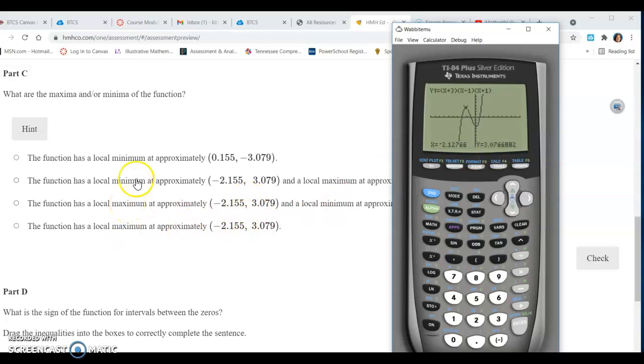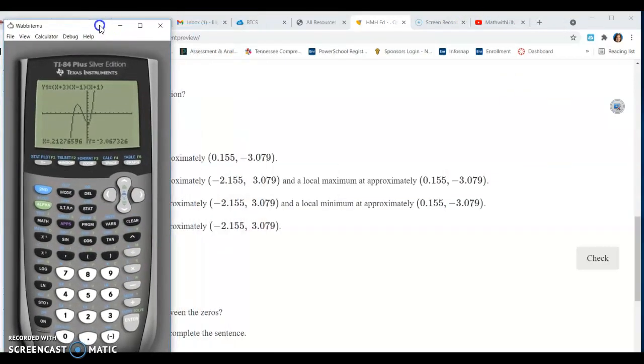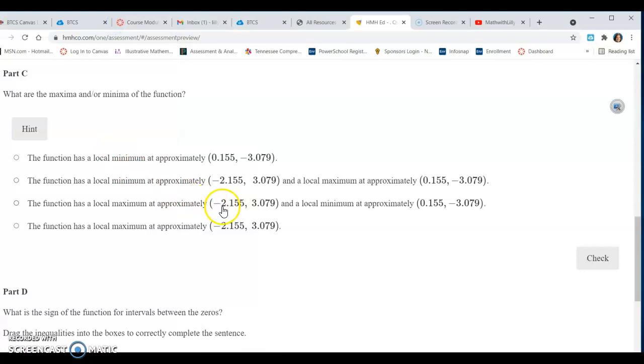So we know that negative 2 something is going to be our maximum. Let's see what the minimum is going to be. If I scroll over to that lowest point, it gives me a minimum of about 0.2 and negative 3. So the minimum comes at this point, and the maximum was at the other point.